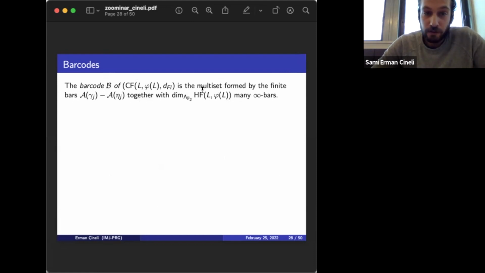This dimension is equal to the number of alphas. So if we multiply the number of finite bars by 2 and add the number of infinite bars, we get the dimension of the complex.